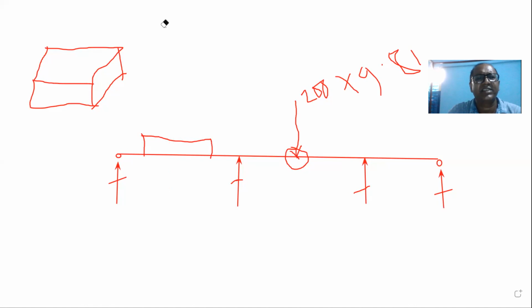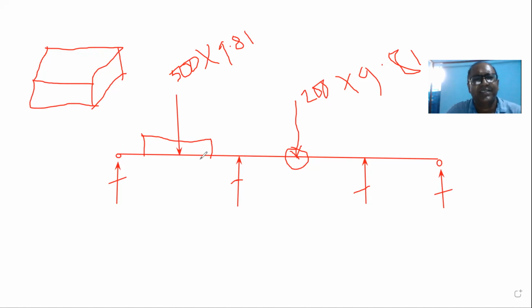If I erase, it will work through the mid right over here. So how much will be the total force? This will be 500 into 9.81, right? This is also a concentrated load, but this is not accurate.